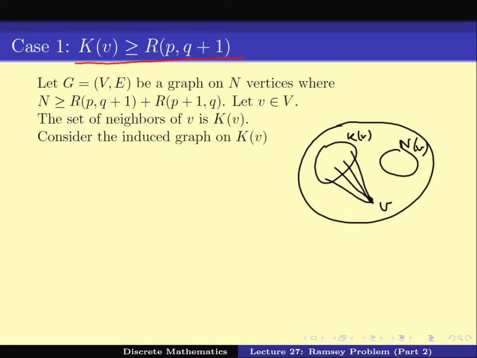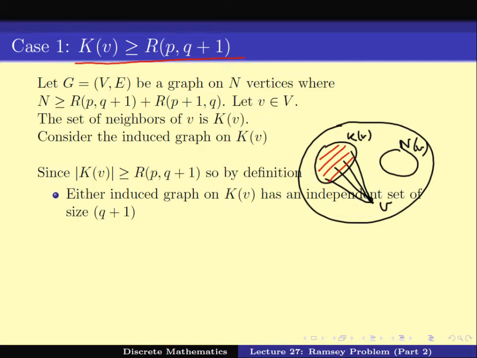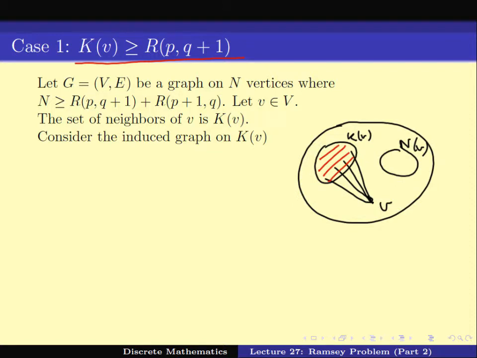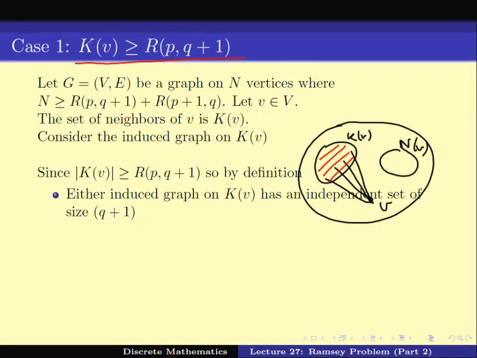What does it mean? If I look at just the graph on kV, then we have two options. Either kV has an independent set of size q+1. That's what this definition of R(p,q+1) means, right? Since kV is greater than R(p,q+1), either there is an independent set of size q+1 sitting inside kV.